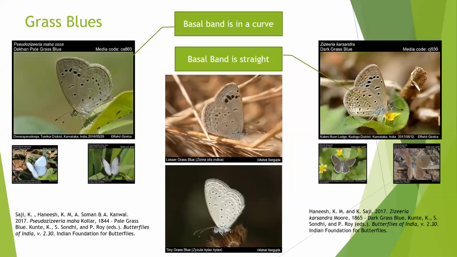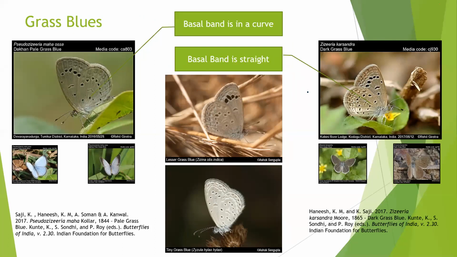Come to the grass blues. Grass blues have the pale grass blue on my left and the dark grass blue on my right. So how to distinguish between a pale and a dark? It is very simple. First of all, the pale grass blue is always larger than the dark grass blue.